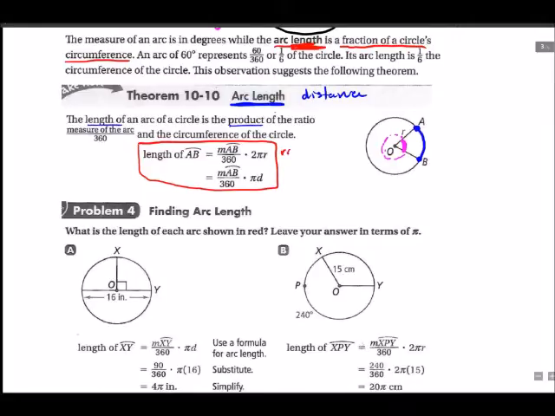And this one is if you know the radius, this one is if you know the diameter, and these are just both the measure of your arc times the circumference. Well, measure of the arc divided by 360. But this is circumference. This has to do with the fraction of the circle. Let me erase that. That's just our circumference there.